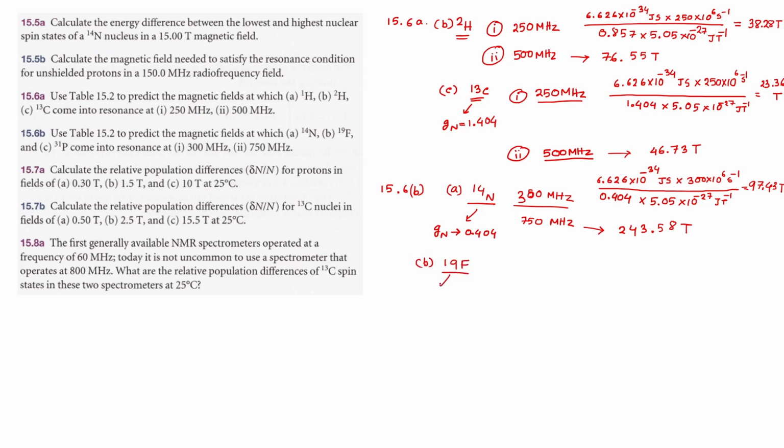Now the next nucleus is 19F, right? So for 19F the nuclear G factor is, we already worked on this, right? 5.255.